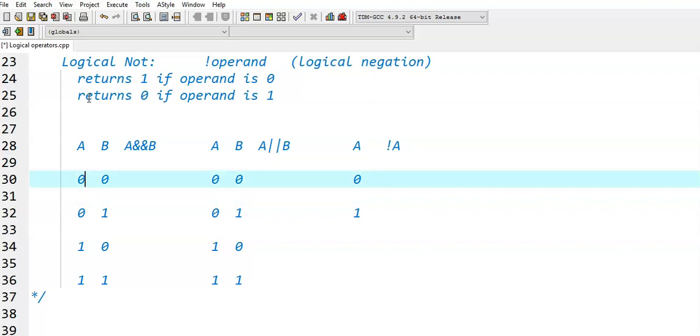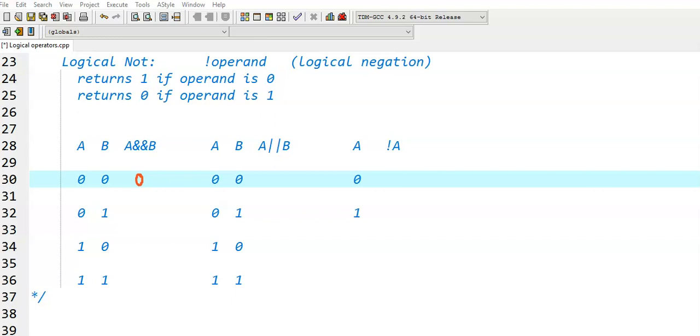Now logical AND, what is the resultant value of logical AND? It gives 1 if both the operands are true. It gives 0 if one of the operands is 0. Here both operands are 0, so it gives false value. Here the value is 0 because both values are 0.